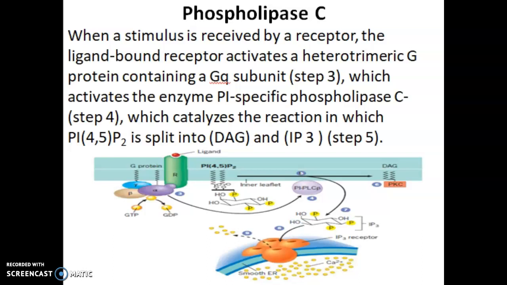When a stimulus is received by a receptor, the ligand-bound receptor activates a heterotrimeric G protein containing a Gq subunit, which activates the enzyme PI-specific phospholipase C, which catalyzes the reaction in which PI 4,5-P2 is split into diacylglycerol and inositol 1,4,5 triphosphate, IP3, in step 5.